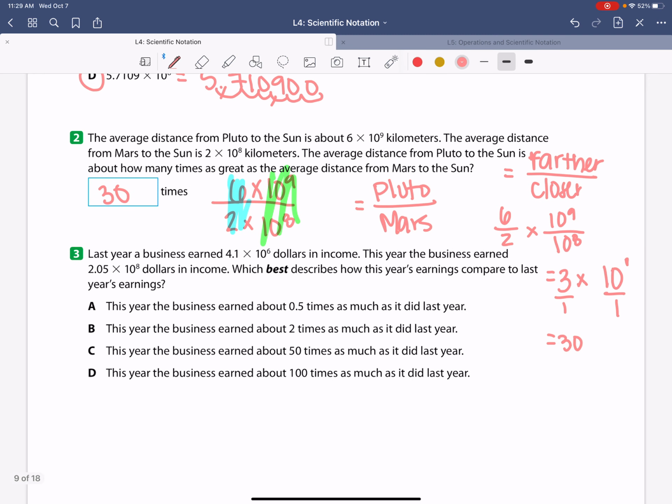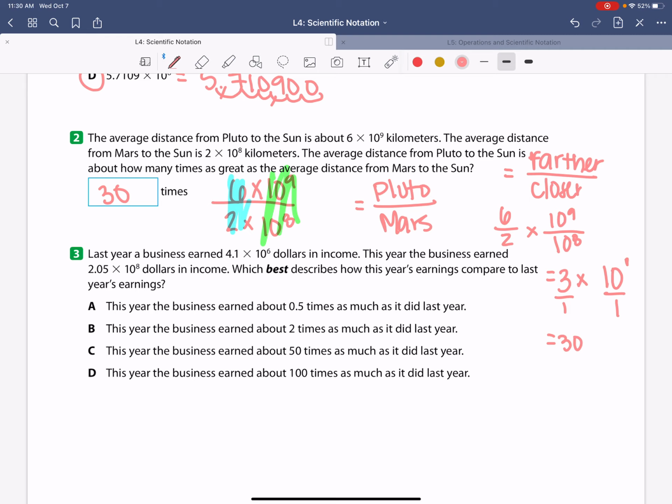All right, we move on to number 3. Last year, a business earned 4.1 times 10 to the 6th power dollars in income. This year, the business earned 2.05 times 10 to the 8th power dollars in income, which best describes how this year's earnings compared to last year.